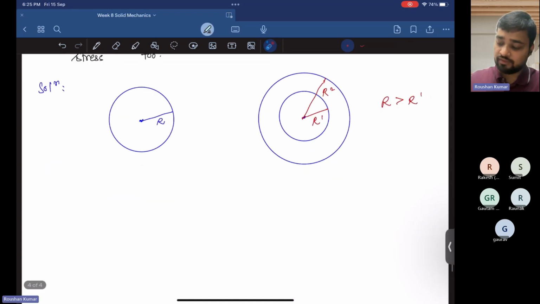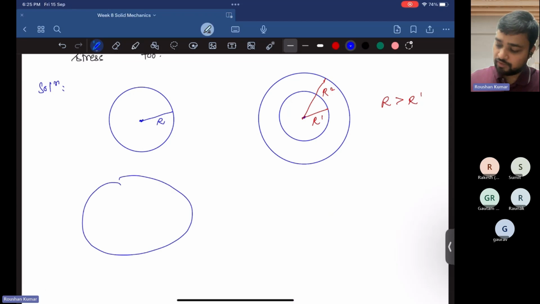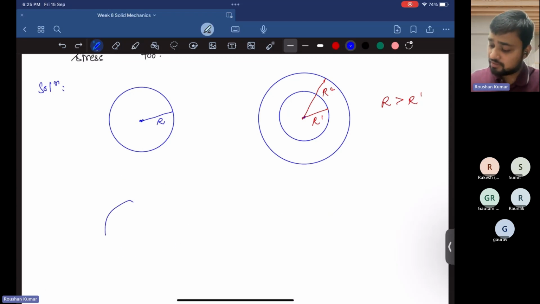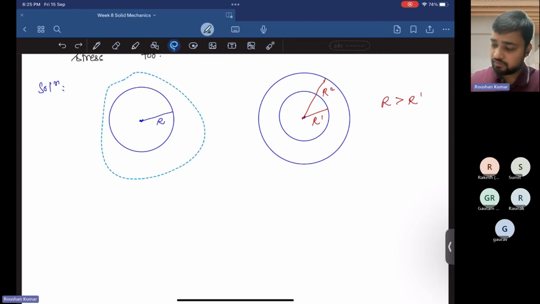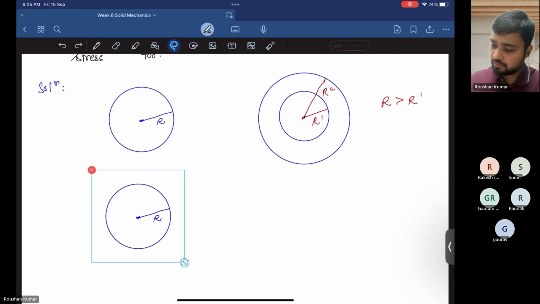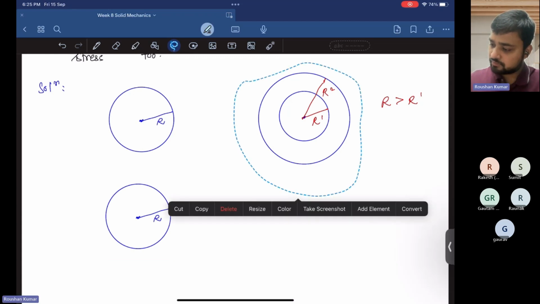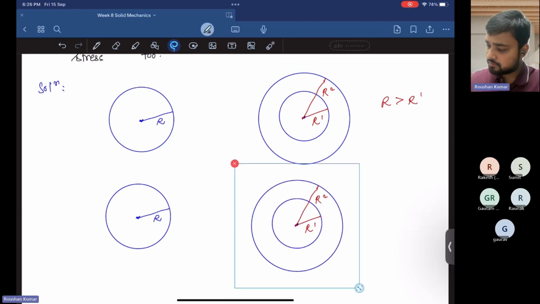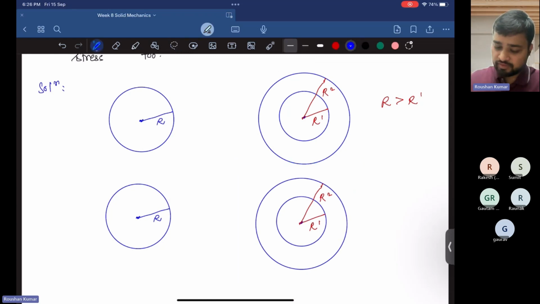So I will draw one figure so that you can better understand. Just suppose this is a disk, and this is the same disk here also. When this disk is inserted inside this disk, the solid disk experiences some pressure coming from outside.